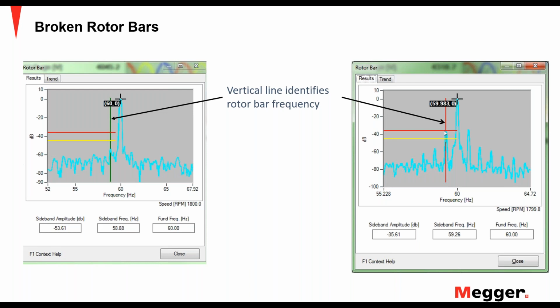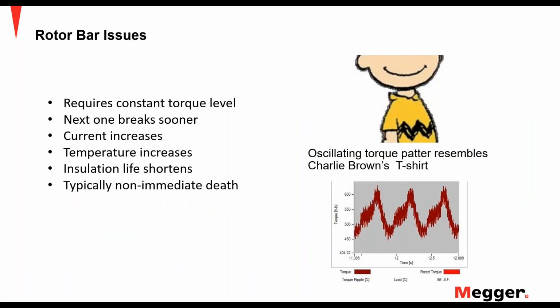And the difference between synchronous speed and the speed of the rotor is slip. And twice slip is basically the frequency at which rotor bar issues are seen. And if there's an issue, we'll have a peak there. So it's not necessary to know the number of rotor bars to do that kind of diagnosis.